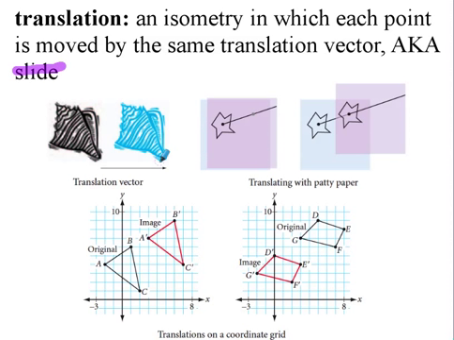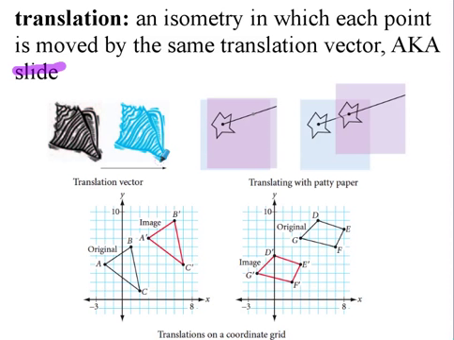And so there I have a total of 4 different translations. The first one is like a seashell, and basically all we've done with the seashell, we've slid it and moved it to a new place. There's a translation with patty paper. Notice how all you've done is you've taken the patty paper and you've shifted it along that line.